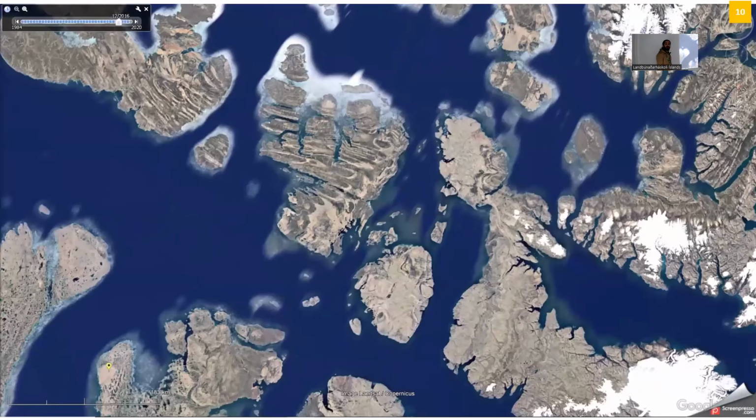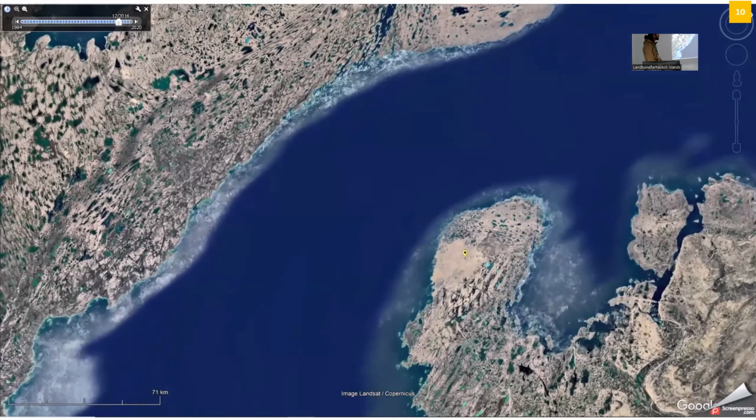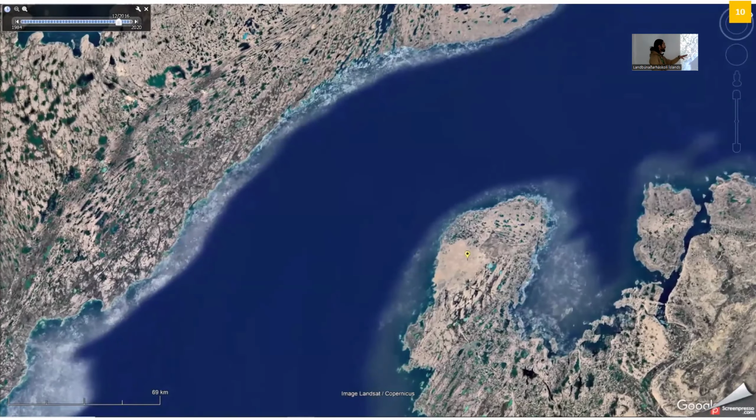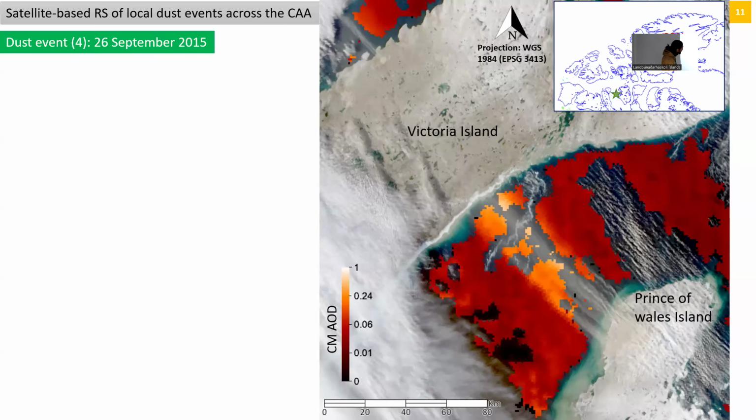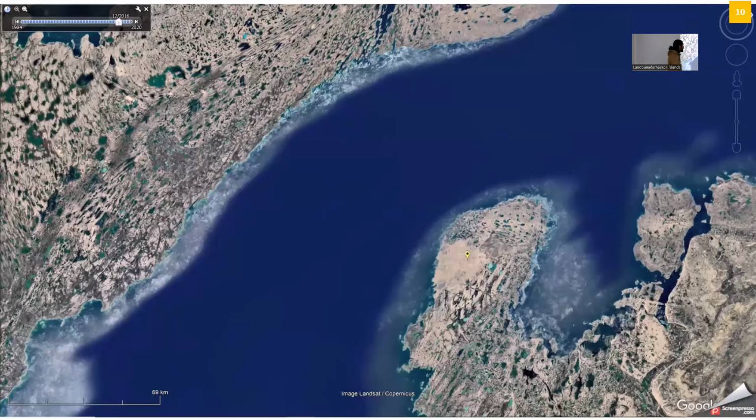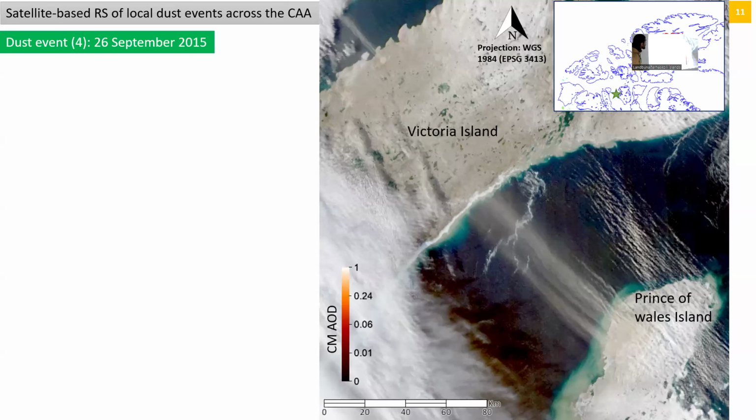We also had some other dust plume investigation on other parts of the Canadian Arctic archipelago. Here is Prince of Wales Island, and this is Victoria Island in the southern part of the Canadian Arctic.